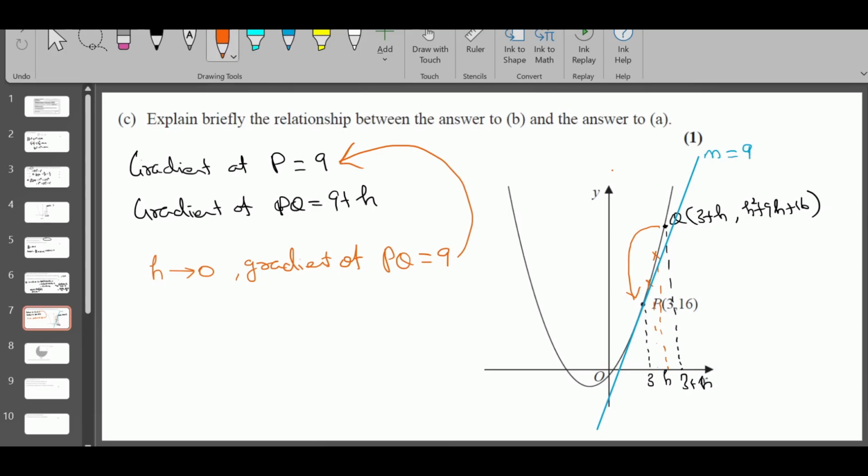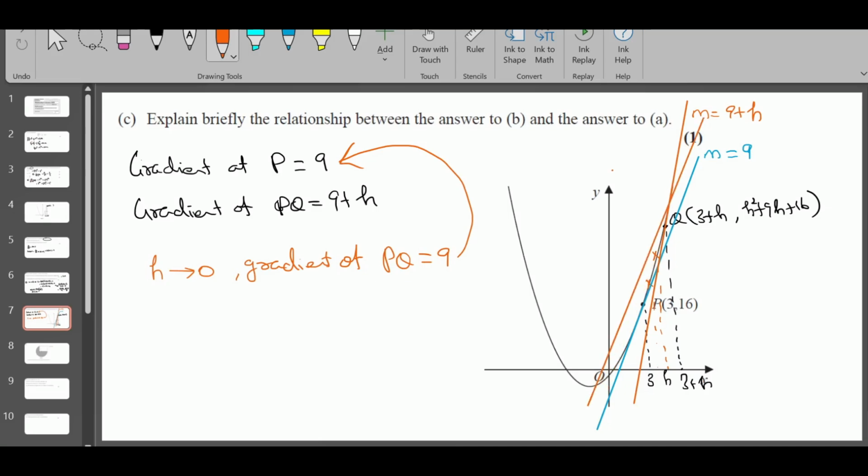But the gradient of the line at Q is 9 plus h. When you move the point Q along the curve, the tangent line becomes this.